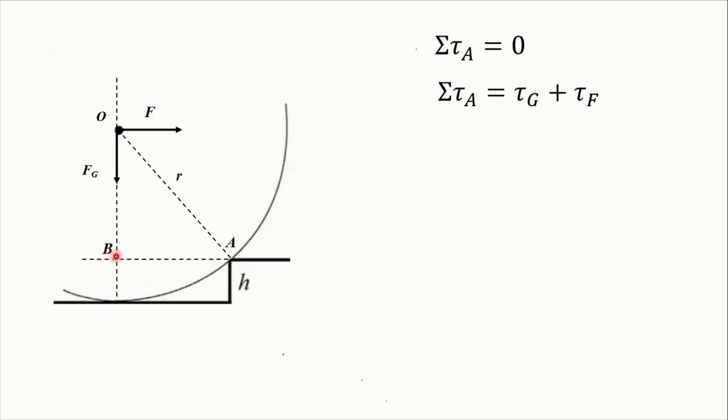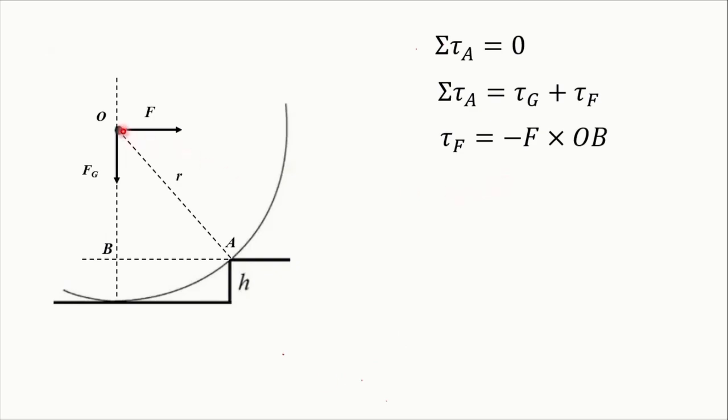And now we see that, for example, for force F, the lever arm with respect to point A is equal to OB, and for this reason, the torque of the force F can be written as follows. We take here a minus sign because this force rotates the wheel in the clockwise direction.